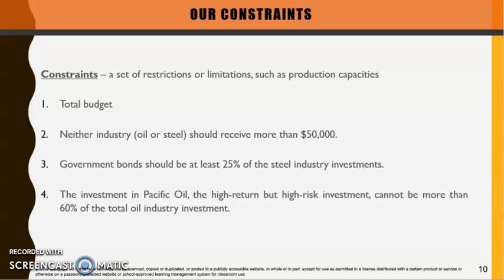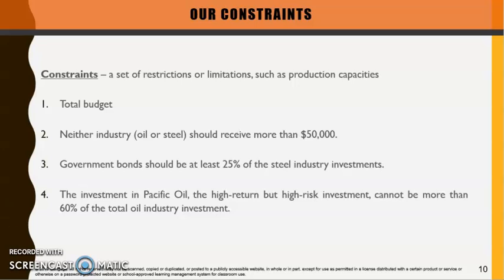Government bonds should be at least 25% of the steel industry investment. You know about the balance. It is something like the balance constraint that we had with the marketing example we did together. And finally, the investment in Pacific oil, the high return but high risk investment, cannot be more than 60% of the total oil industry investment.